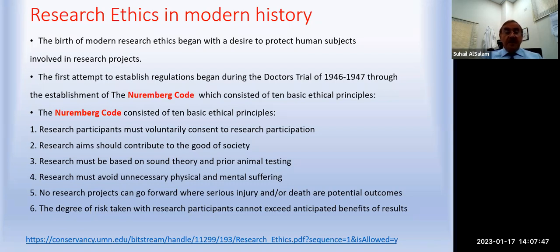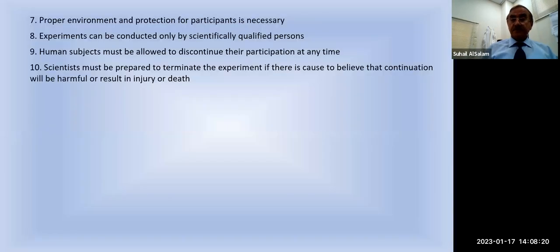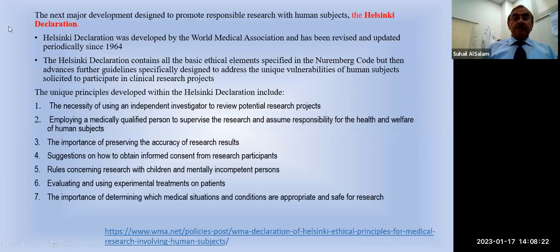The fifth: no research project can go forward when there is a risk of serious injury or death of one of the participants. This should be stopped, and we should avoid any kind of research leading to such serious injury or death. The degree of risk taken with research participants cannot exceed the anticipated benefit of the research.